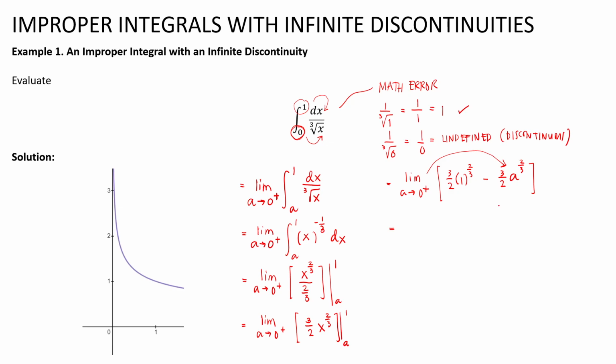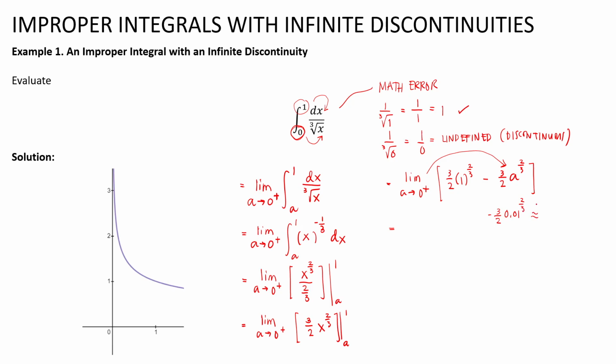So let's say 0.00001 raised to 2/3. It will give you a very small number. So let's try to plug in: negative 3 halves, 0.01 raised to 2/3.